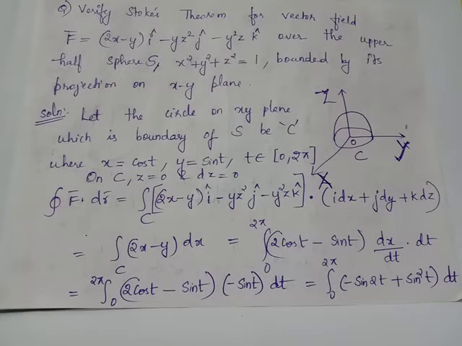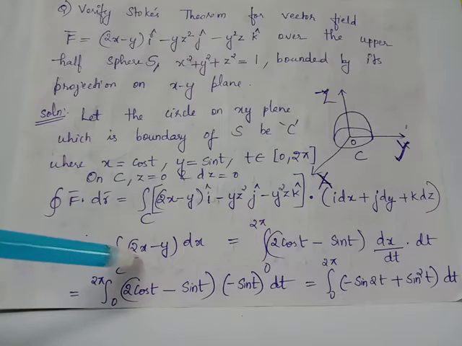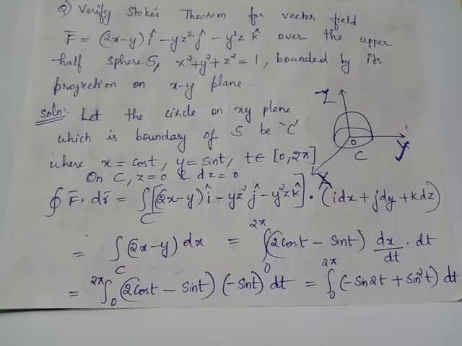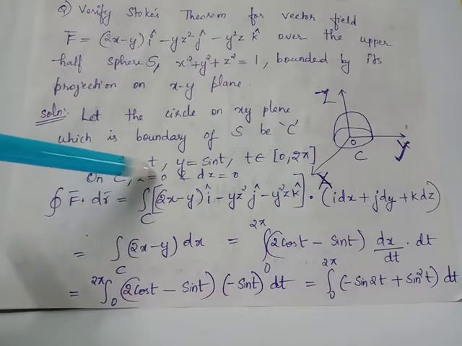Since on C we are carrying out the line integral, and on C we have z equals 0 and dz equals 0, after taking the dot product we have the line integral as the integral over C of (2x minus y) dx.